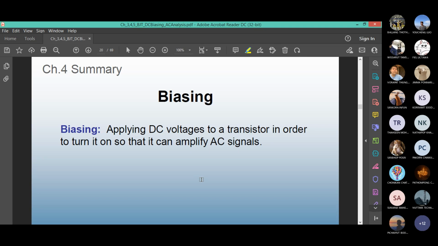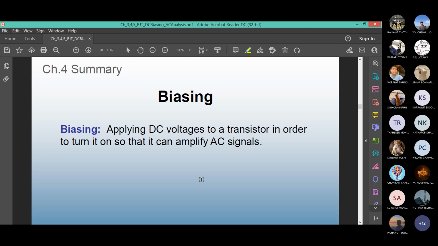If you connect directly an AC input and you are trying to take an AC output, you will not get anything at all. You have to provide the DC voltage because the amplification is actually a result of energy transfer. And the energy transfer is happening from the DC power supplies.